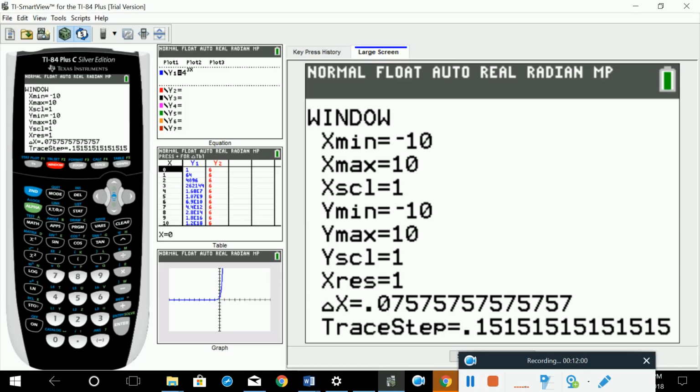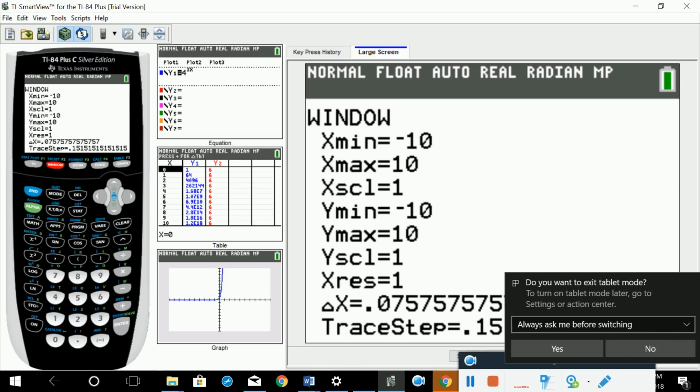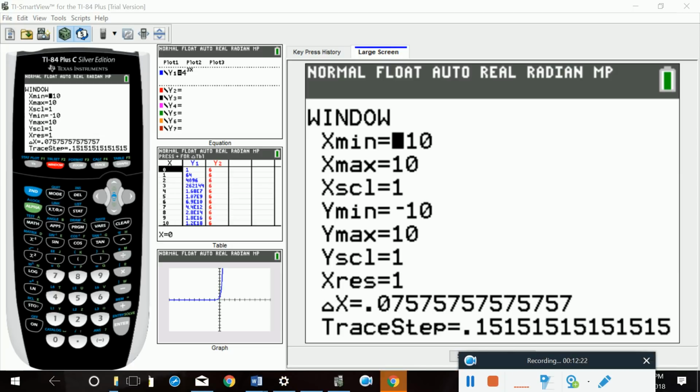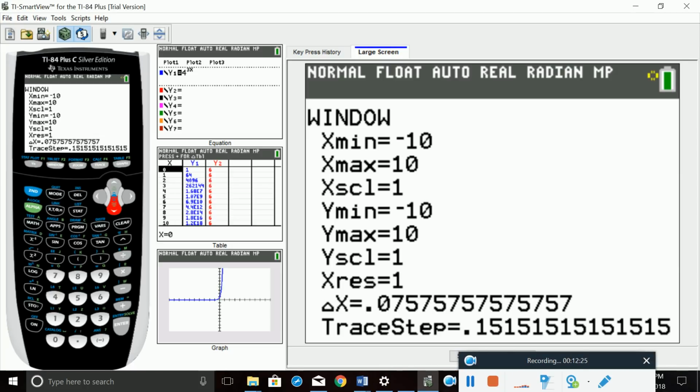And your x values are okay. The one that's really going to give you the issue is the y value. So I need to come down here and change my y maximum.